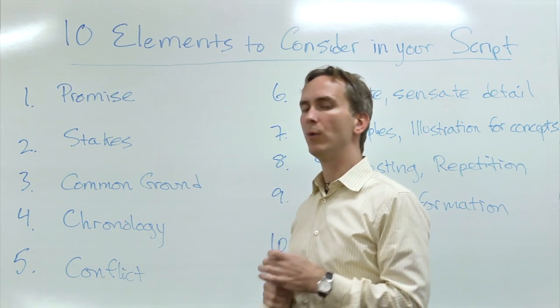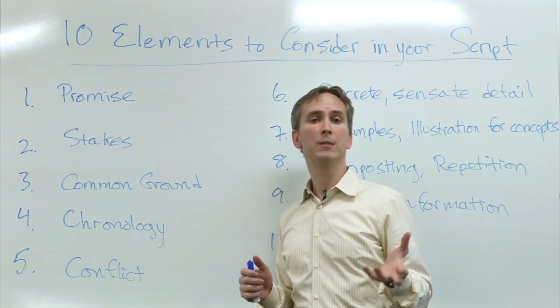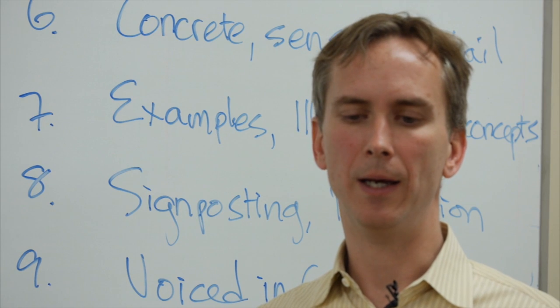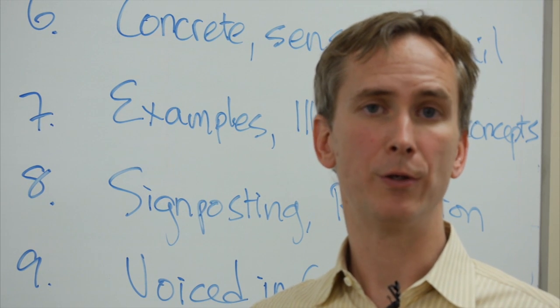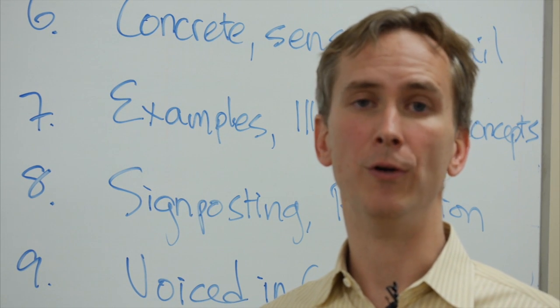Second thing is you want to indicate to your audience why this is important, what's significant. We call this the stakes step. By the 1930s, we understood that we evolved.